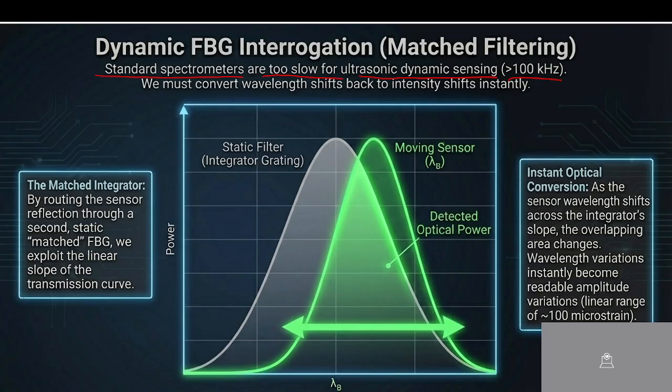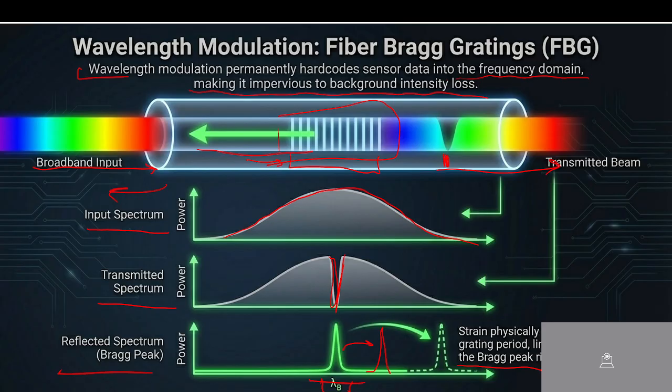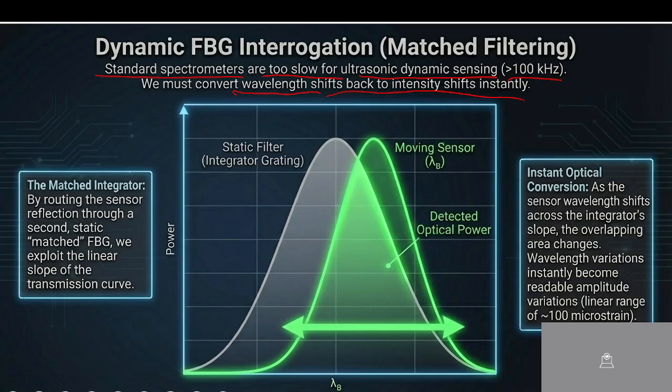We must convert wavelength shift back to intensity shift. We have already discussed the wavelength shift, but it cannot be directly used because spectrometers are too slow to detect it.